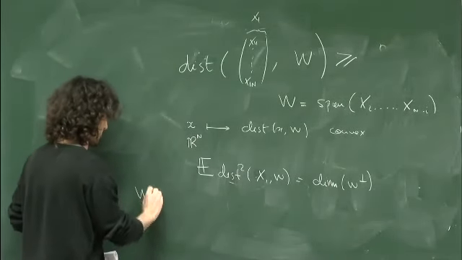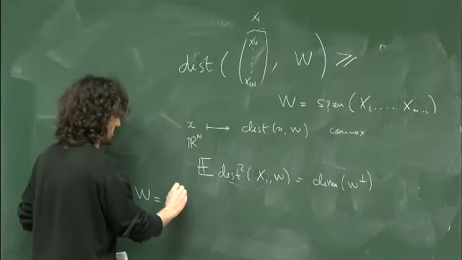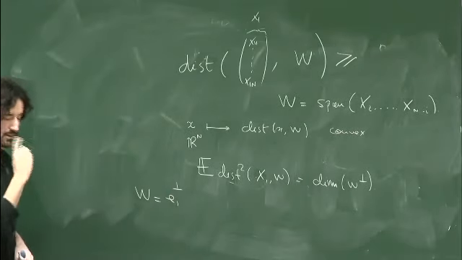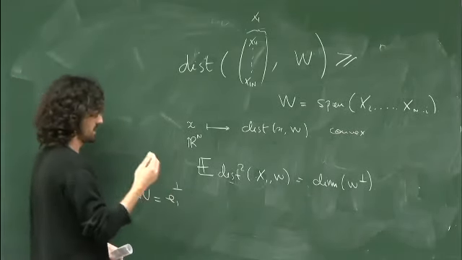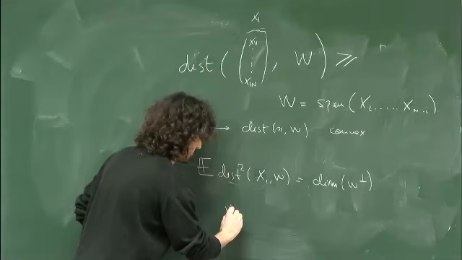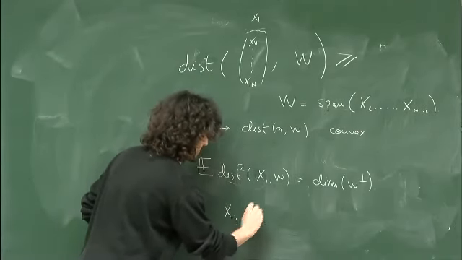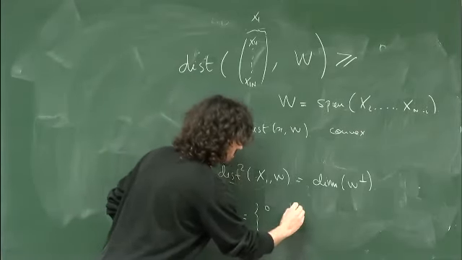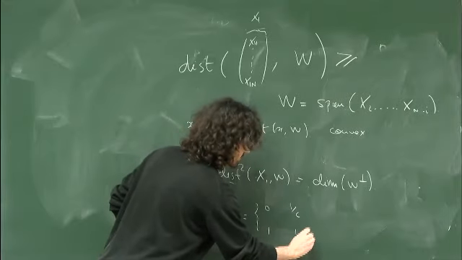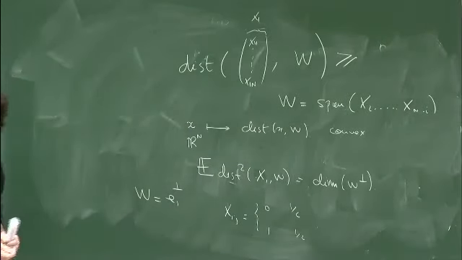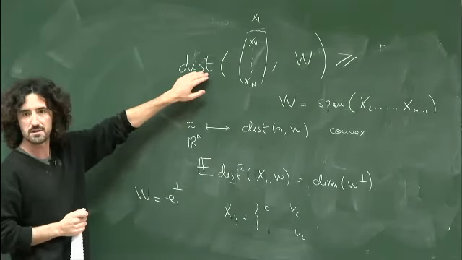For example, if you take W as being E1 orthogonal, where E1 is the first coordinate, and if you imagine that your variables xij are equal to 0 with probability 1/2 and 1 with probability 1/2, then with probability 1/2, this distance will be 0.